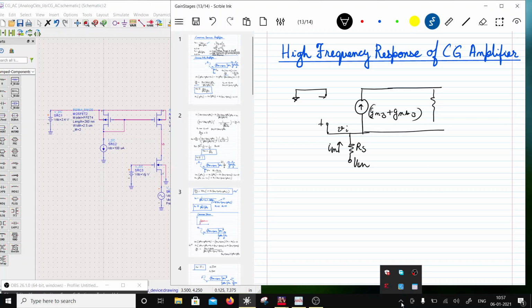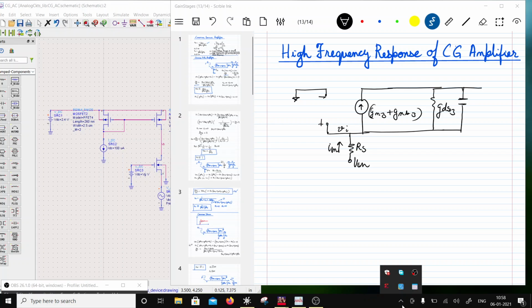Then we have got this resistor which is GDS3, and then depending on how you connect the body terminal, CDB would become either part of the load to the ground or part of this capacitance to the source.